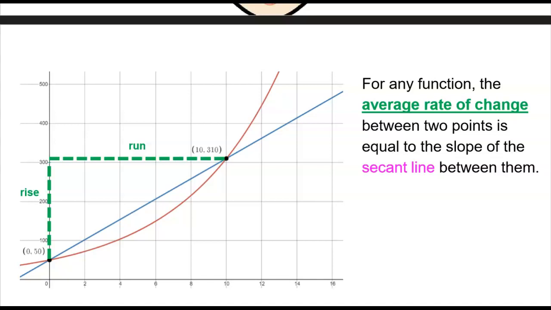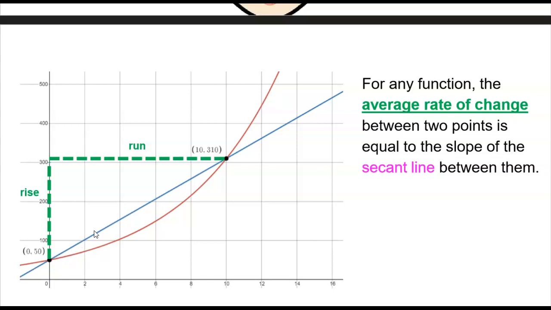For any function, the average rate of change between 2 points is equal to the slope of the secant line between them. Whoa! So let's just put all the vocabulary terms in one sentence, shall we? Let's break this apart for a second. The average rate of change, that's what we just did, right? The average of all these differences between any 2 points is going to equal the slope of this line that's connecting the 2 points.